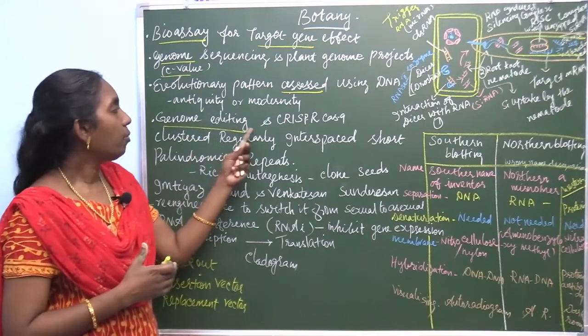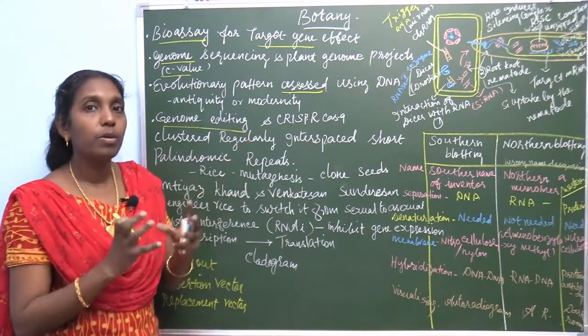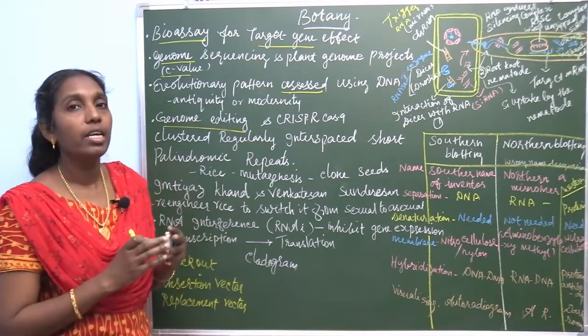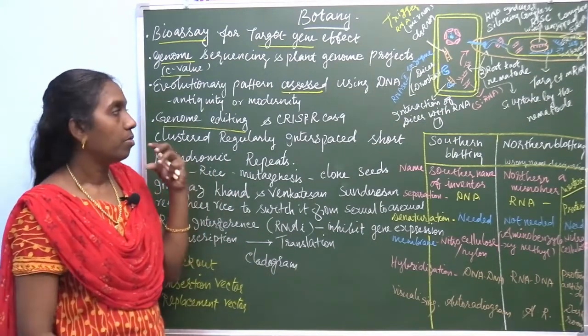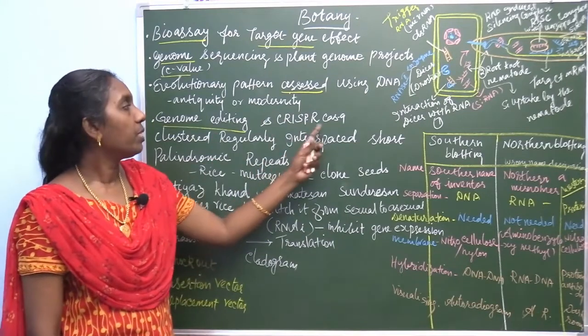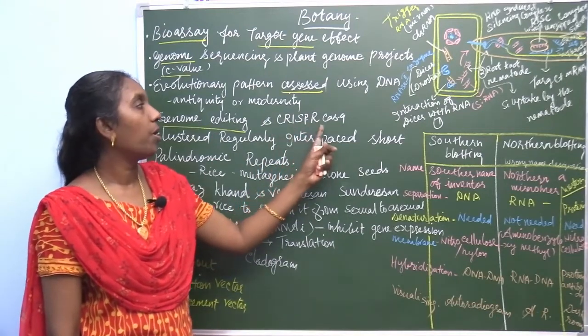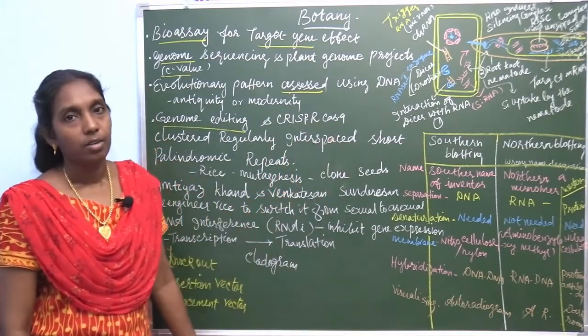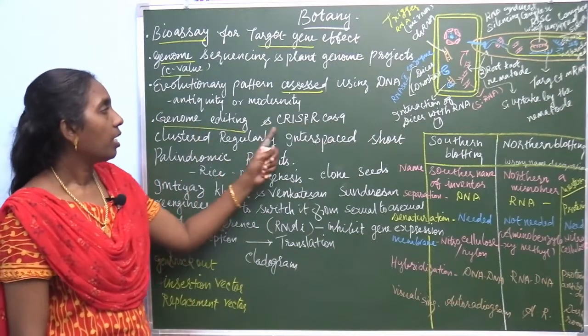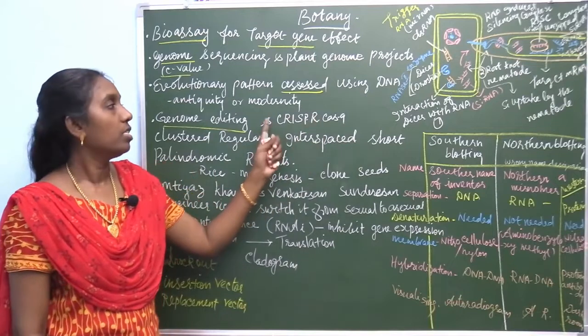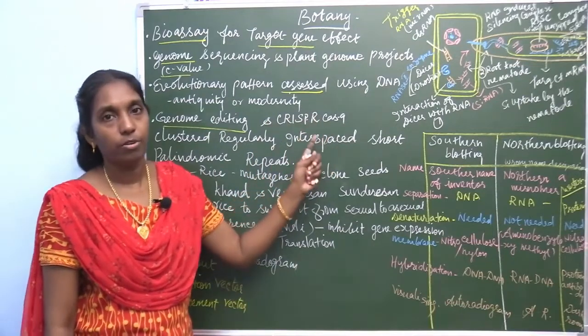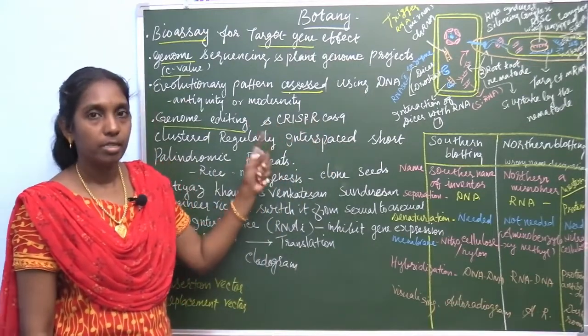There are a number of approaches for genome editing, but a very simple method of approach is CRISPR-Cas9 editing. So the type of editing is CRISPR-Cas9. Learn this. All these terms are new for you, so learn all these terms.